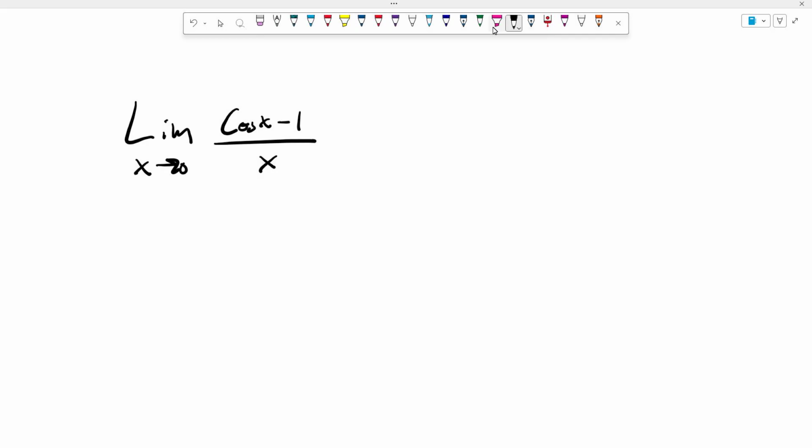This is cosine of x minus 1. Is this also going to be equal to 0? Take a guess. Yes or no? Everybody give me a thumb.